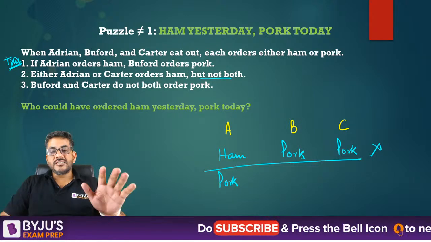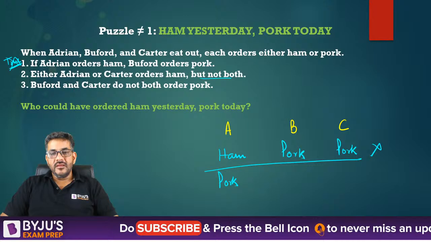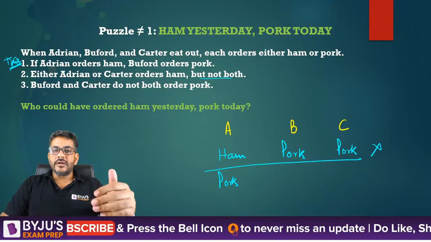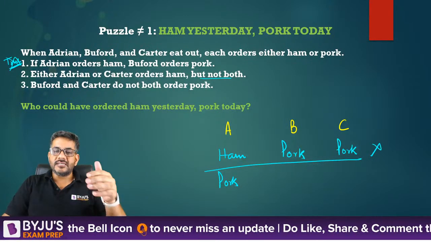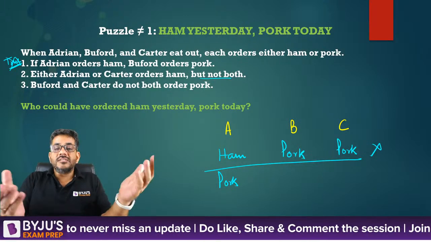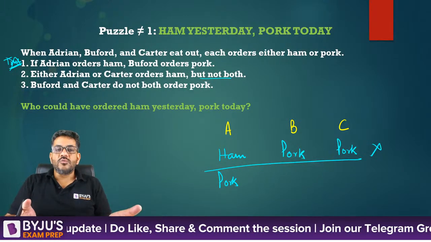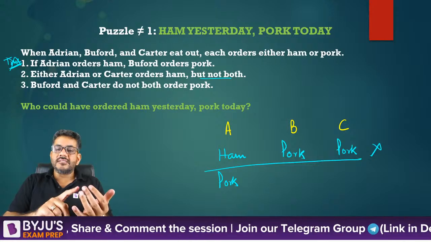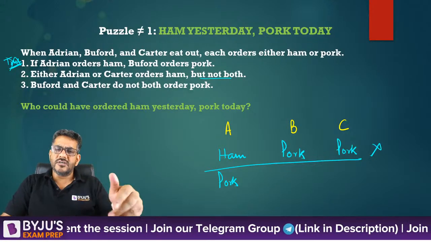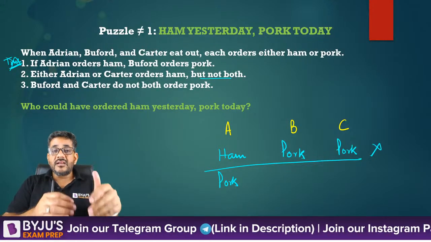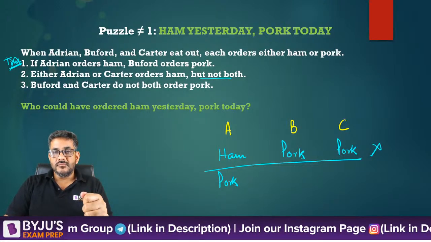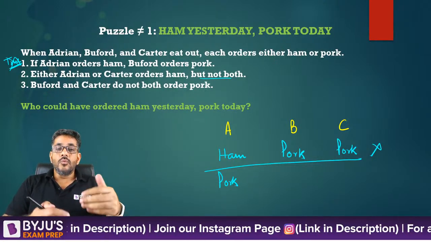Now there is something to learn at this point. When we say that Adrian orders pork, what is the condition then? The condition was if Adrian orders ham, there is a condition that Bufford orders pork. But if Adrian does not order ham, if Adrian orders pork, what then?